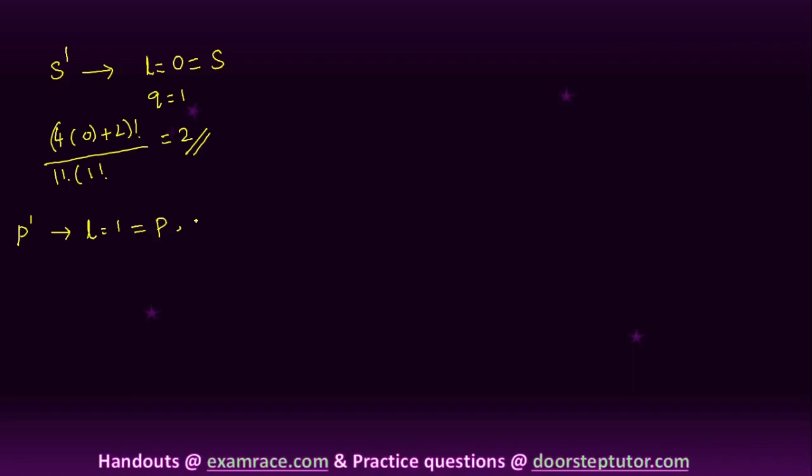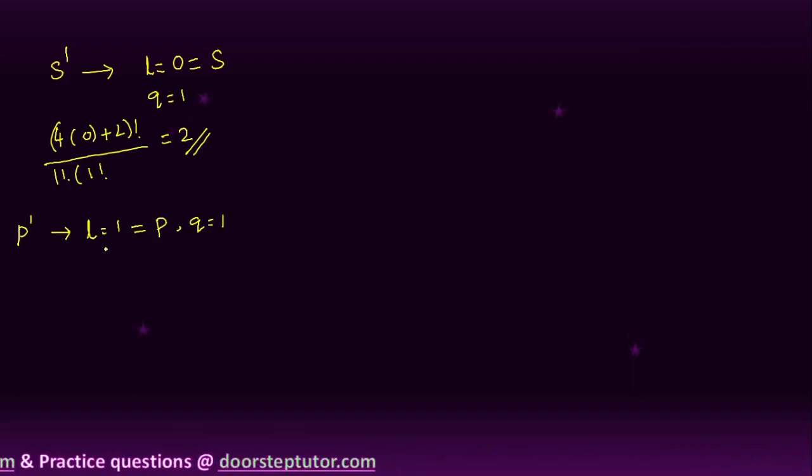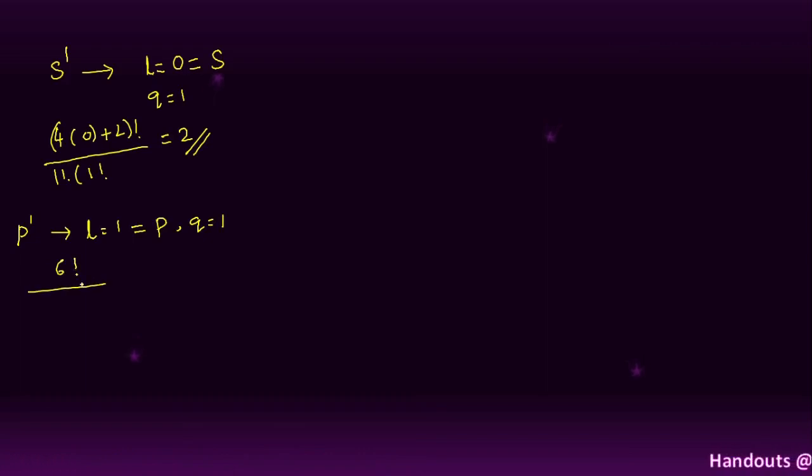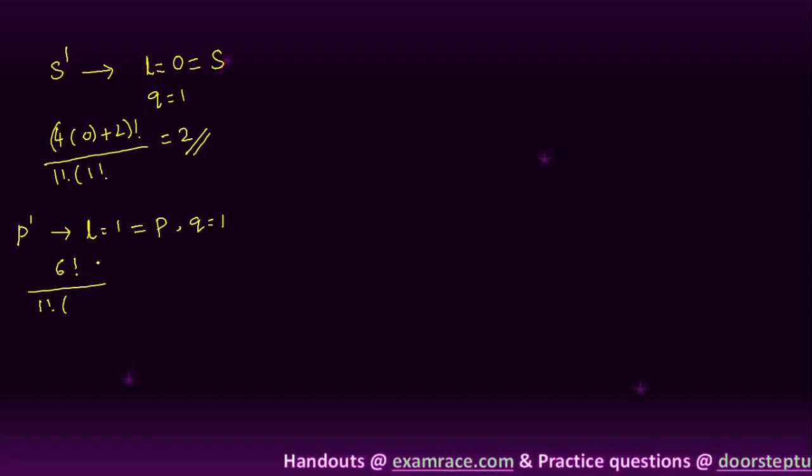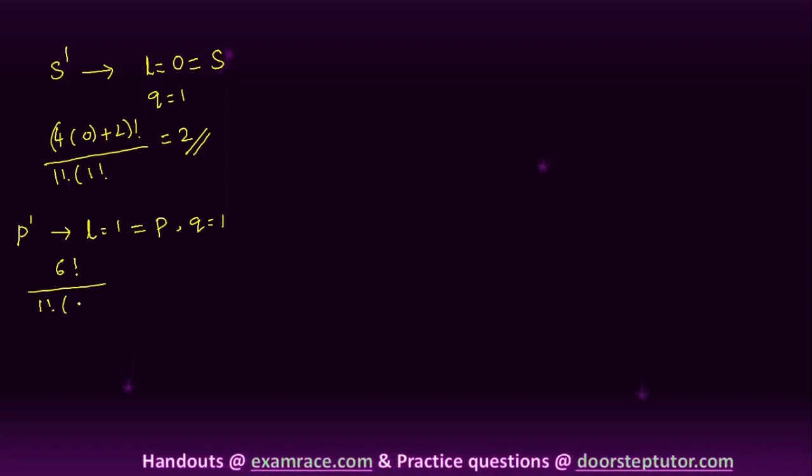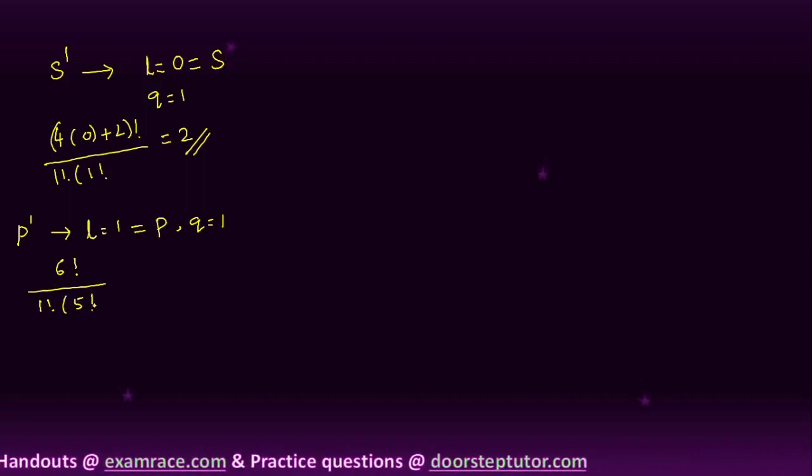So substitute these data into the formula: 4 into 1 plus 2 factorial, that gives 6 factorial, divided by Q factorial, which is 1 factorial, then 4 into 1 plus 2, that means 6, minus 1 factorial, that means 5 factorial.